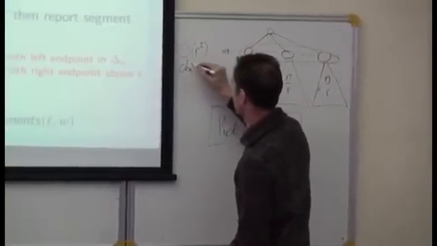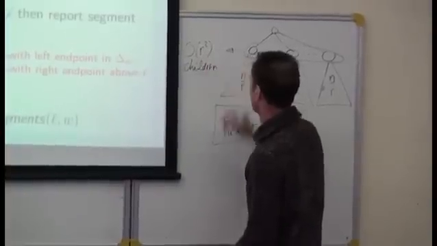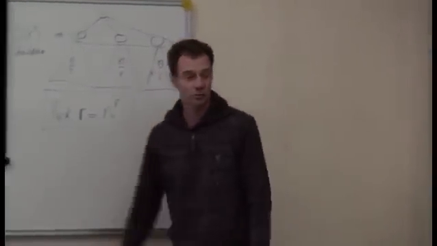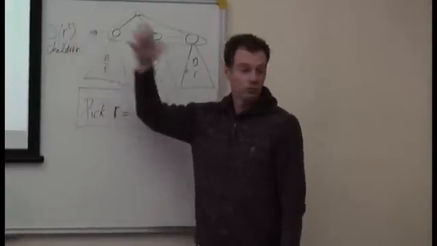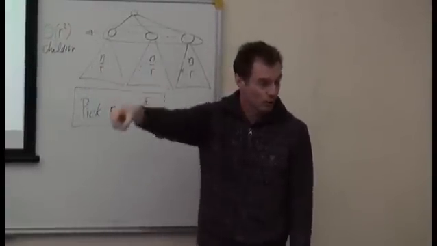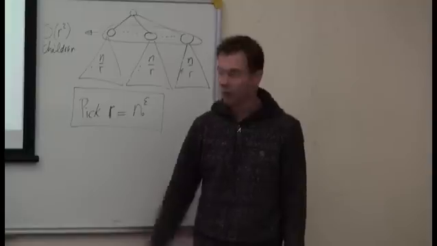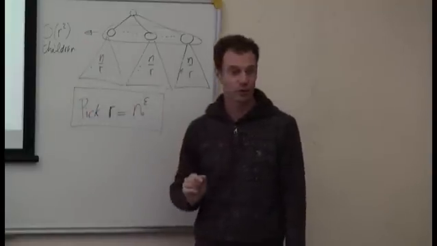O of R squared children. So I said, well, R is a constant, so just check each of the children whether you have to go to that node. But now R is not a constant anymore.